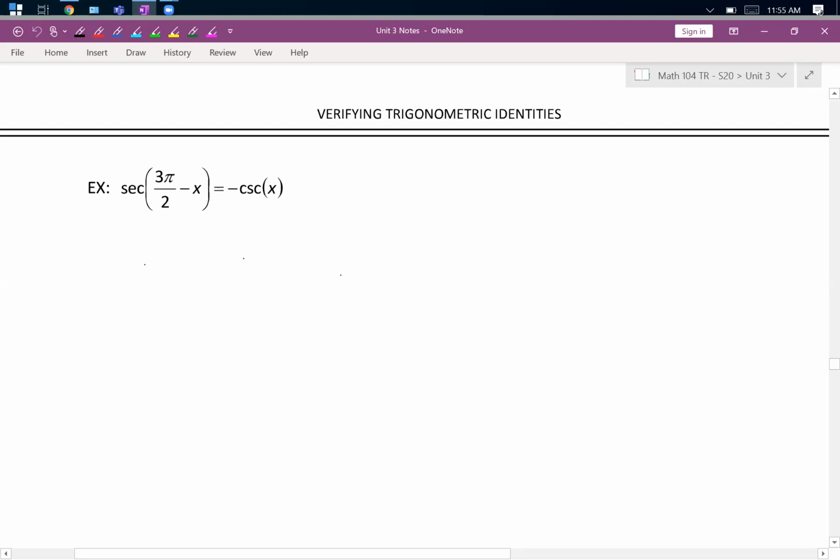Should we put it in terms of cosine? I would rewrite it in terms of cosine because I have no formulas for secant. I guess that's the first thing we're going to have to do. This is 1 over cosine of 3 pi over 2 minus x.